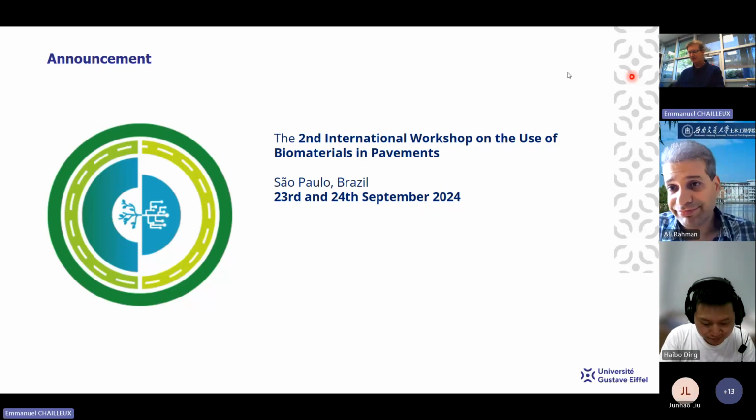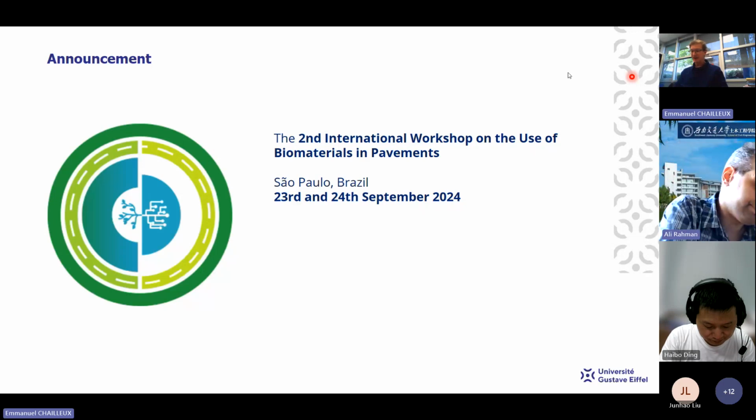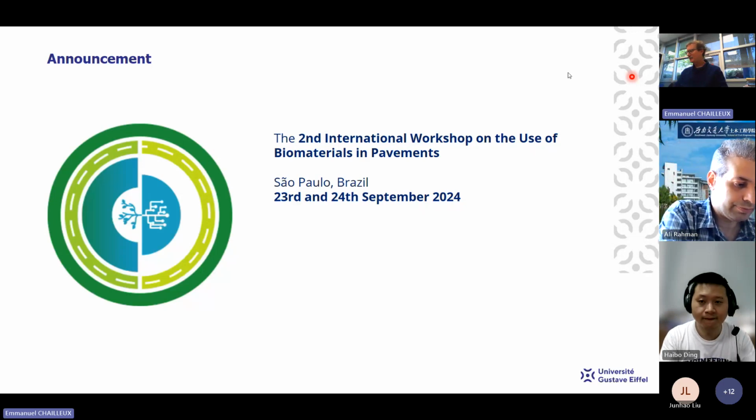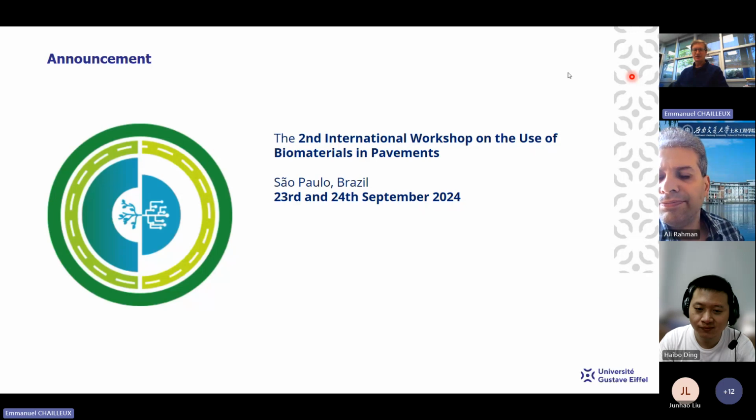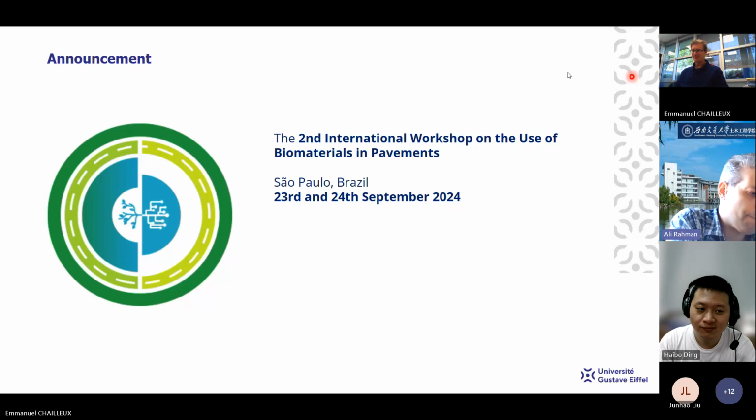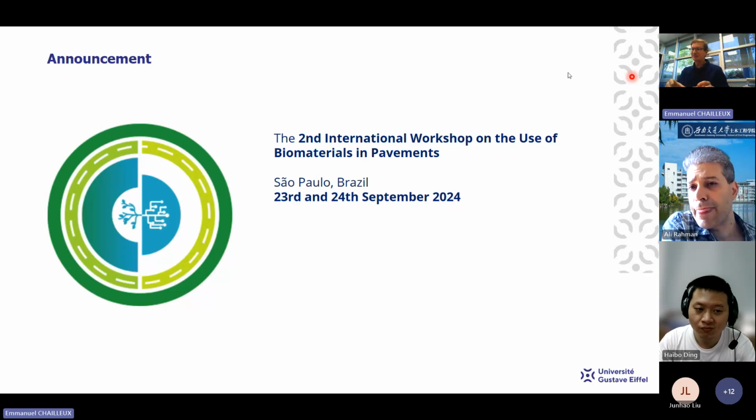Yes, it's a good question, in fact. At the moment, the model is restricted to non-modified bitumen. The next step, and I know that some researchers are working on that, is to adapt this model to adding elasticity in the material. In fact, we need to adapt this model first for polymer modified bitumen, but in this case we need to add another object, which is the polymer.